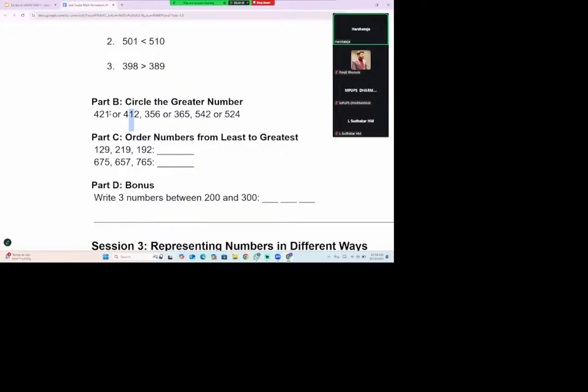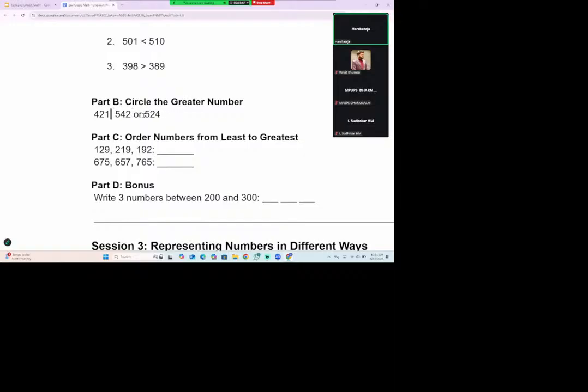So since 2 is greater than 1, 421 would be bigger. Now the next number, if we look at the hundreds place, there's a 4 here, there's a 3 here. So 4 is greater than 3, obviously, so here.